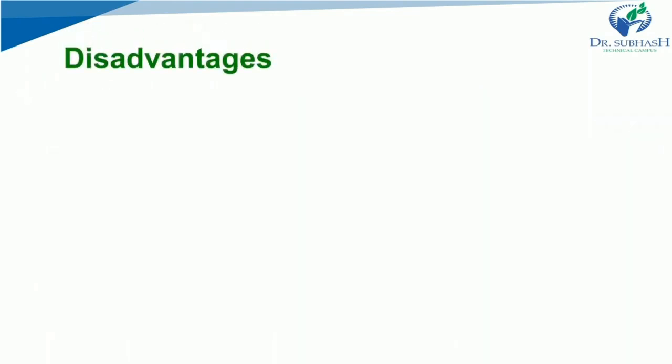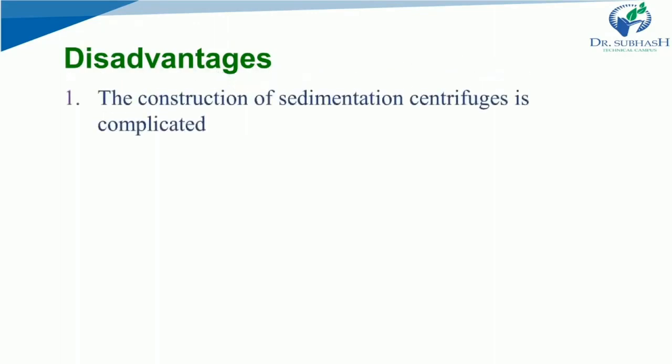Now, obviously there must be disadvantages. The first is that the construction of a sedimentation centrifuge is complicated. Second, its capacity is limited. These are the most important disadvantages that any person who selects a centrifuge has to keep in mind: the capacity is limited.